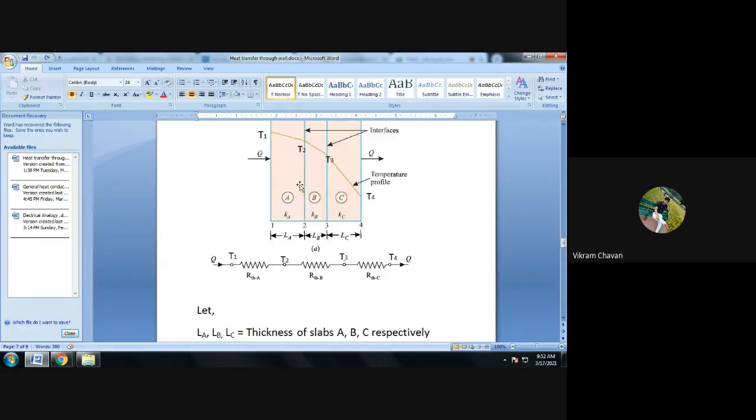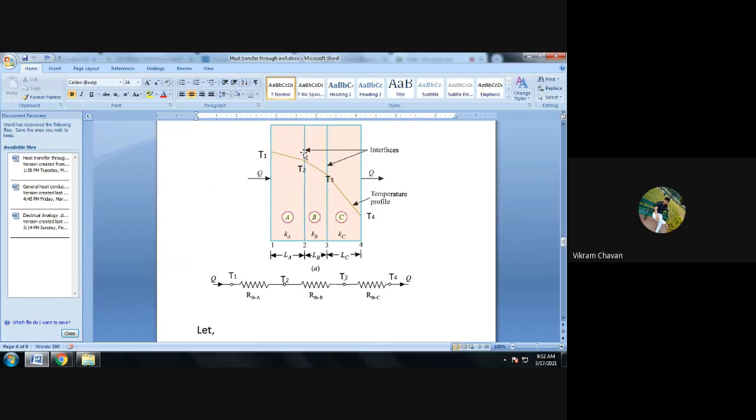For slab B, the initial temperature is T2, and the second surface temperature is T3. Its thermal conductivity is K suffix B, and its thickness is L suffix B.